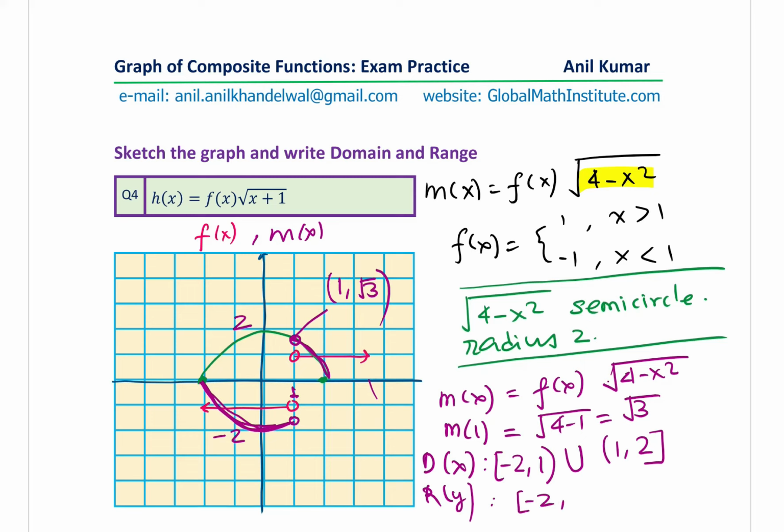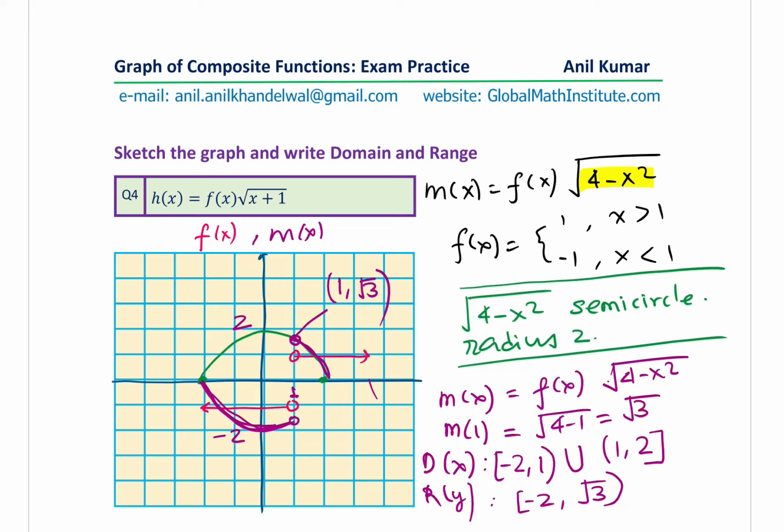However, square root of 3 is not included. So you have to be careful in mentioning this particular range. Don't include square root of 3 since there is a hole at x equals 1 for f of x, and that really affects the graph. So that becomes the domain and range of the given function.